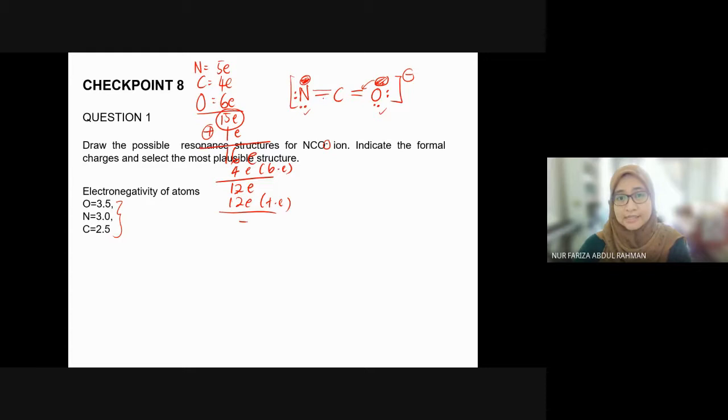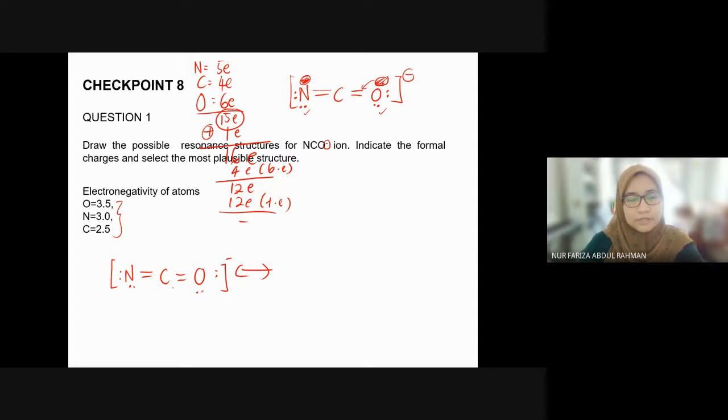So N double bond C double bond O. Okay, so this would be your Lewis structure lah. Okay, complete Lewis structure. Katakanlah that one would be your first resonance structure. Okay, this is your first resonance structure, and then you have to prepare. Okay, dah ready your Lewis structure, then only you go for resonance.